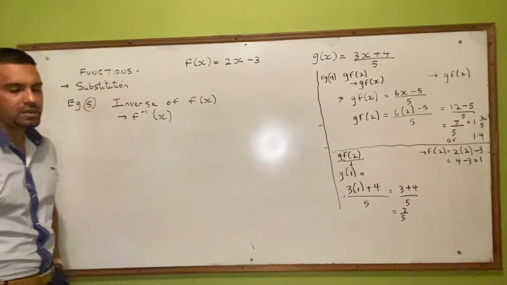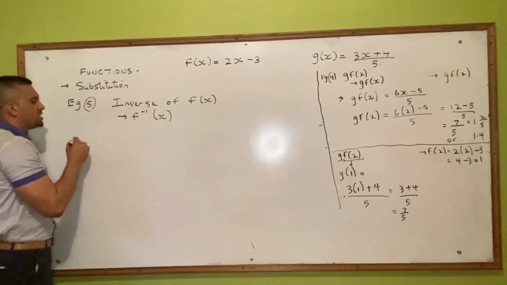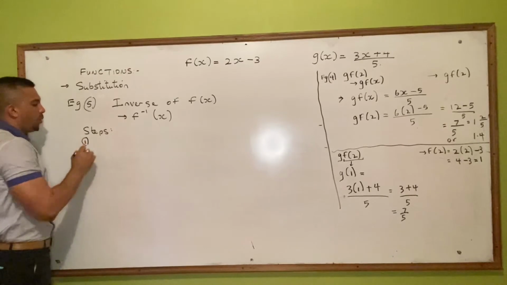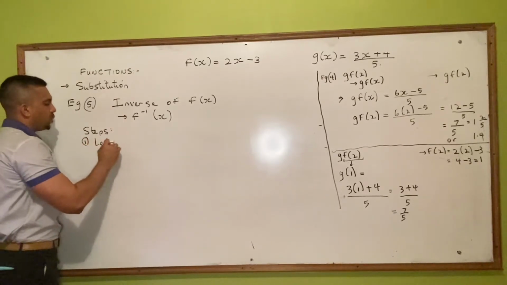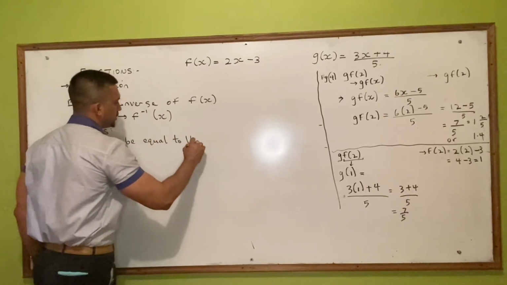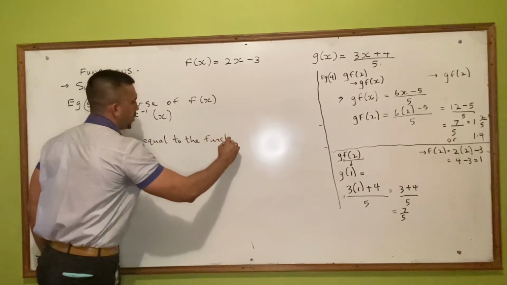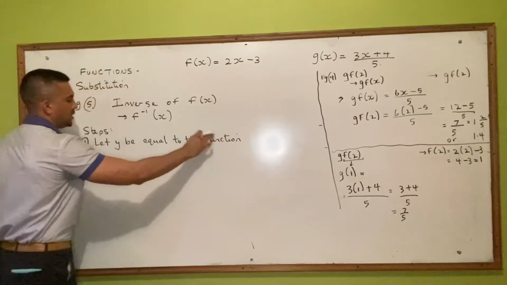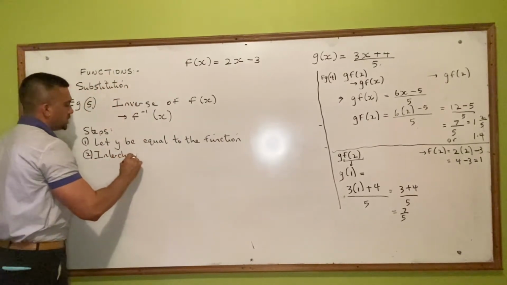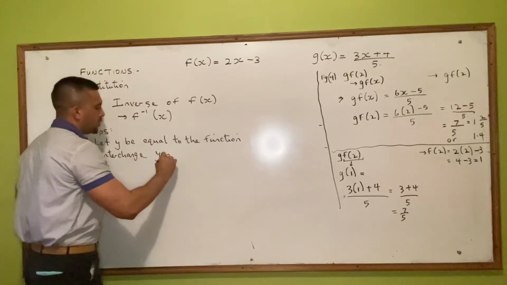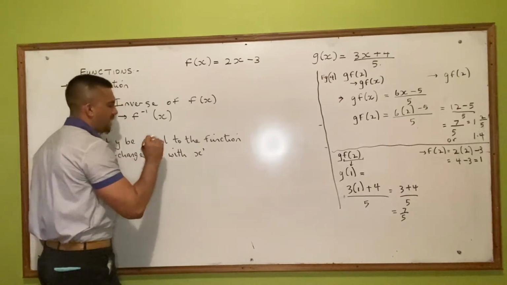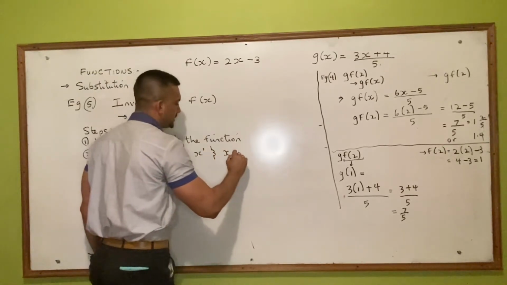When you're finding the inverse of a function, there are 3 simple steps. Step 1, you let y be equal to the function. Step 2, you interchange y with x and x with y.